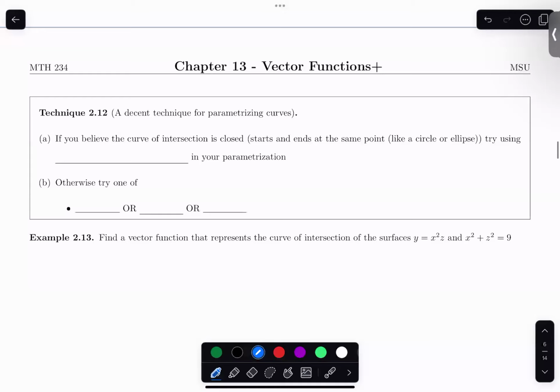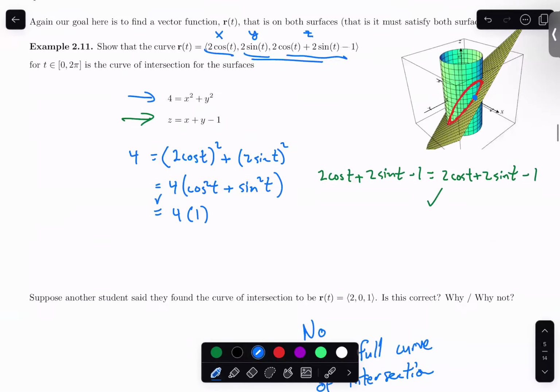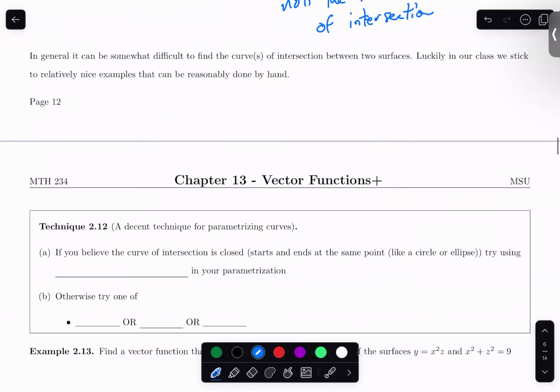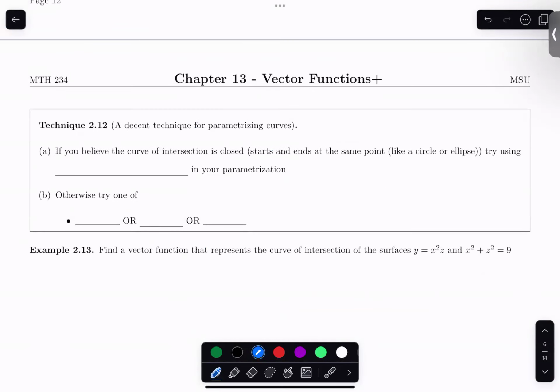All right, so ultimately, the question is, how did I come up with this thing here, right? This 2 cosine t, 2 sine t, and then the 2 cosine plus sine minus 1. How do you come up with this? You played this game a little bit in calculus 2, right? Of course, it's harder now because we have 3 variables.